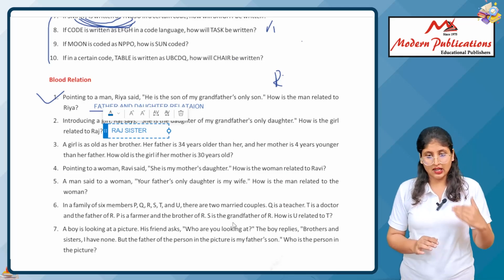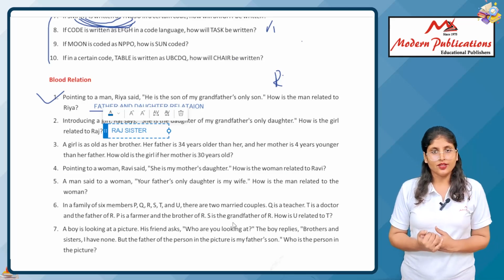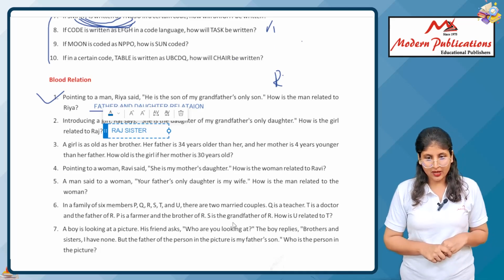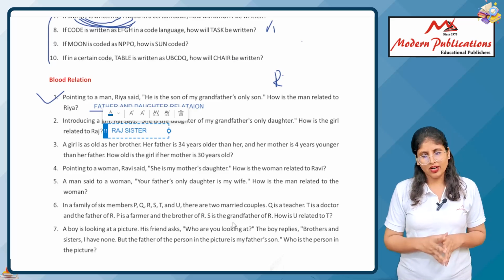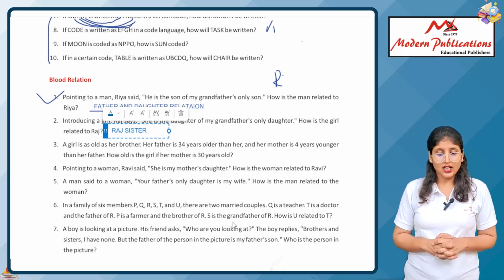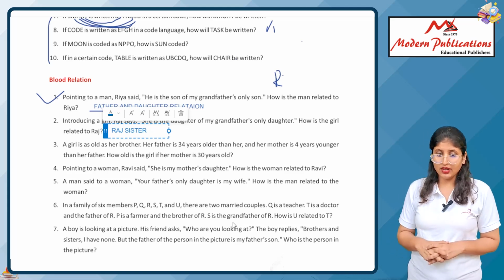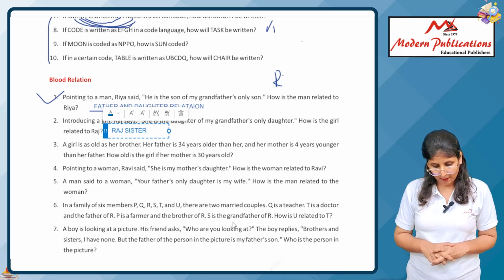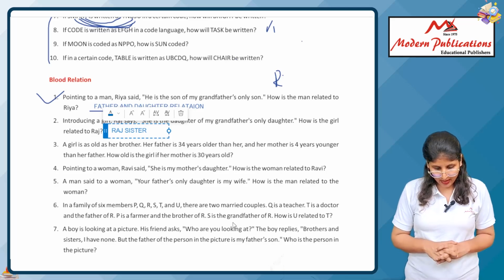Younger means if the father is 34, the mother is 30 years of age. How old is the girl if her mother is 30 years of age? Can you identify the girl's age? Let's see.